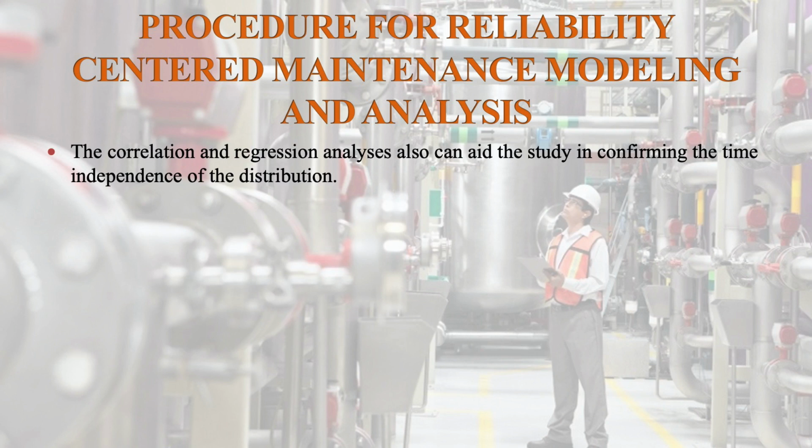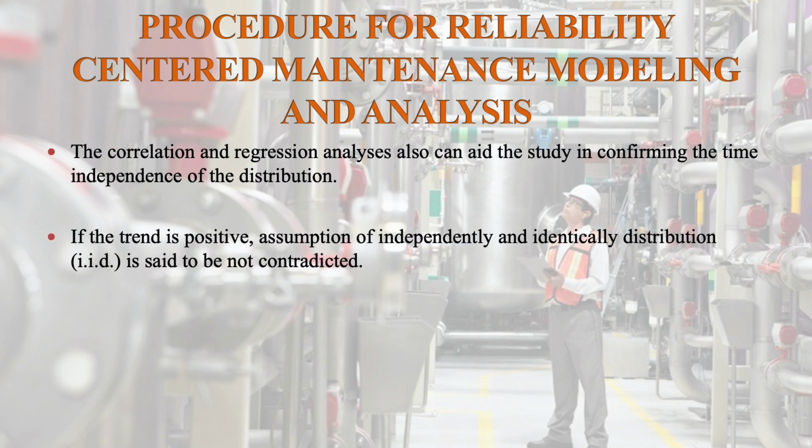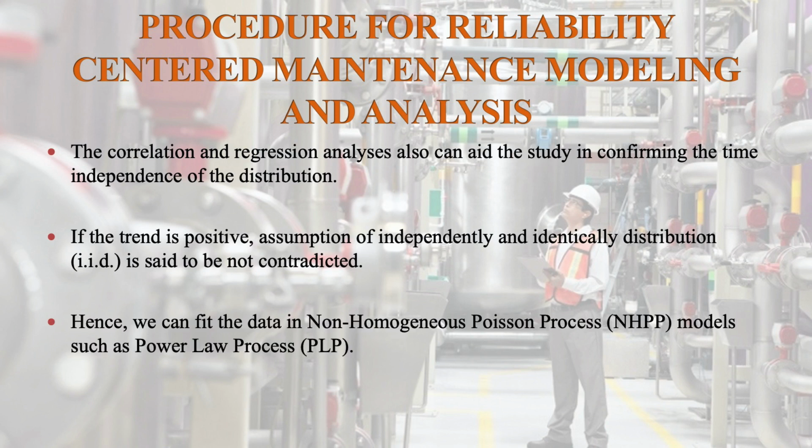The correlation and regression analysis can also aid the study in confirming the time independence of the distribution. If the trend is positive, the assumption of independently and identically distributed data is said to be not contradicted. Hence, we can fit the data in non-homogeneous Poisson process NHPP models such as the power law process PLP.